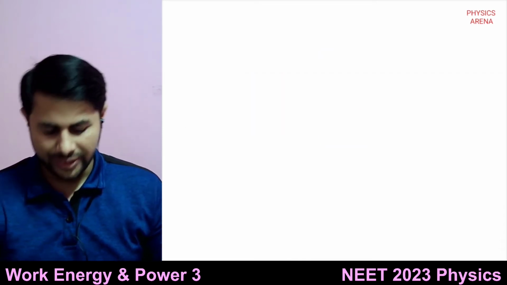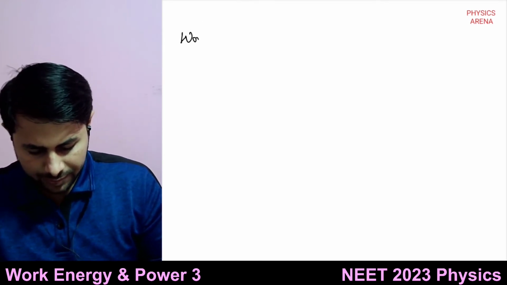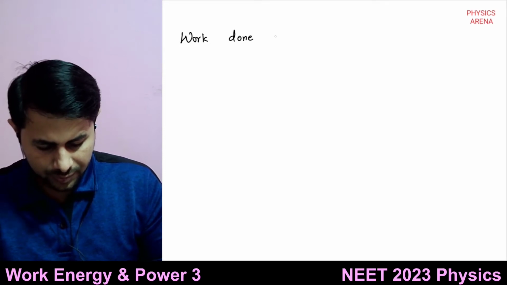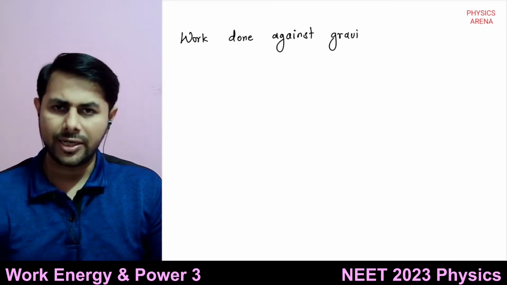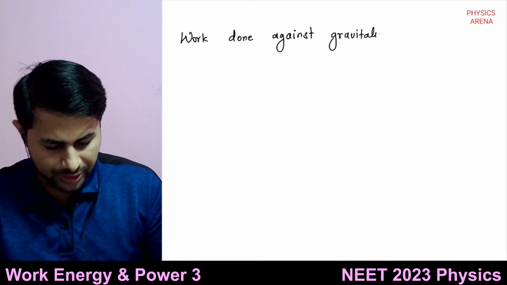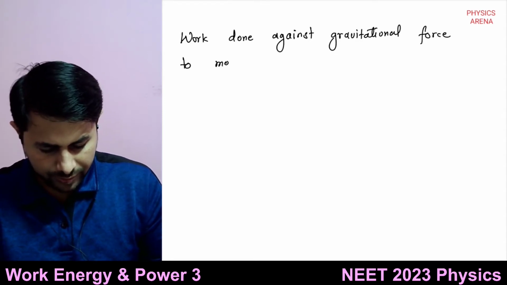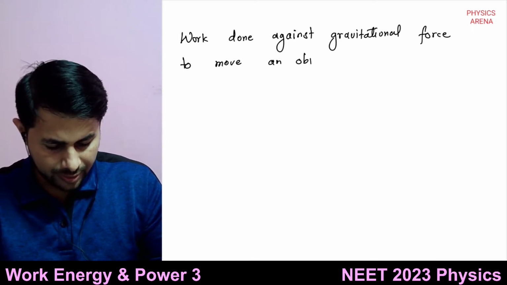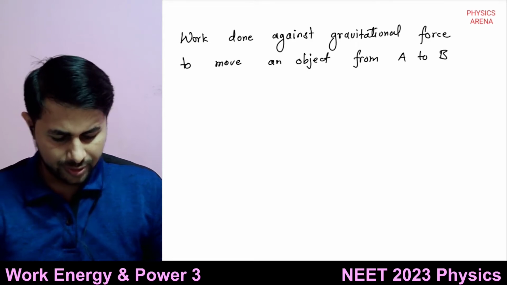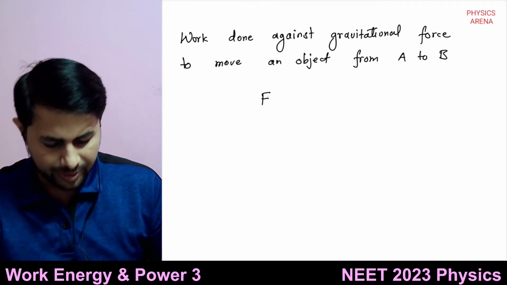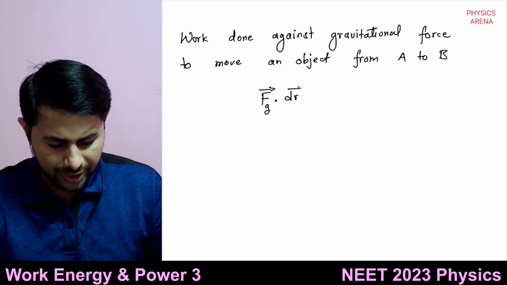Yes, sir. So let's suppose you take any conservative force. Okay. So right now let's consider the gravitational force to move an object from A to B. So for a small displacement, I can say the work done by the gravitational force is Fg bar dot dr bar.